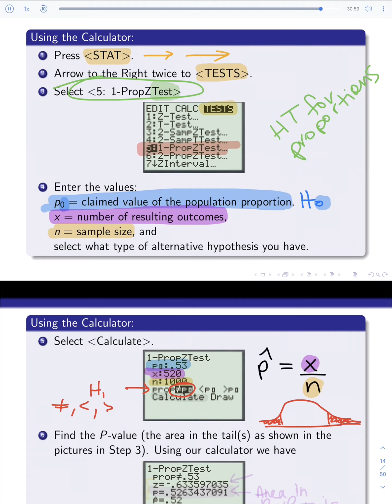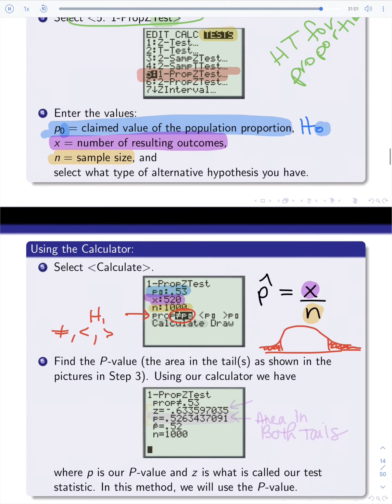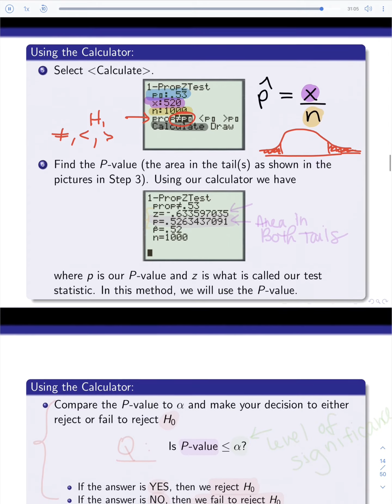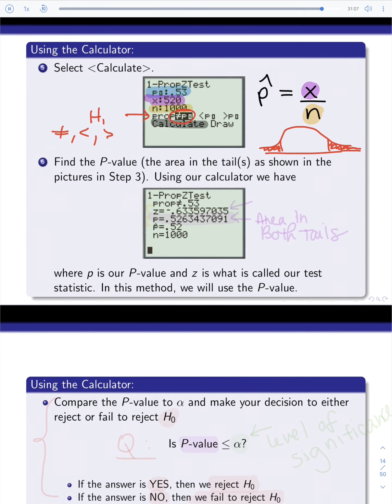And then you'll go all the way down to the bottom and press calculate, just like before when we did confidence intervals, and the calculator does all the heavy lifting for us. It finds the Z that makes up one of our tails, actually finds the area for that tail. Because it's two-tailed, it multiplies it by 2, and that is your p-value.